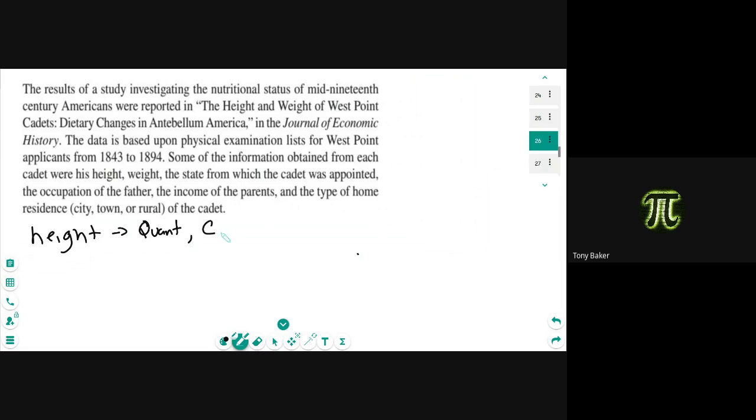Continuous. Interval or ratio? This is ratio. I can divide heights to determine differences.